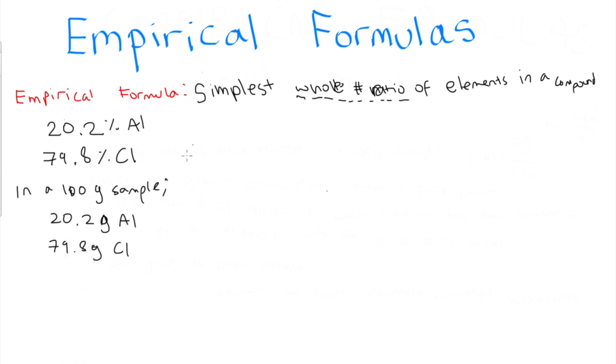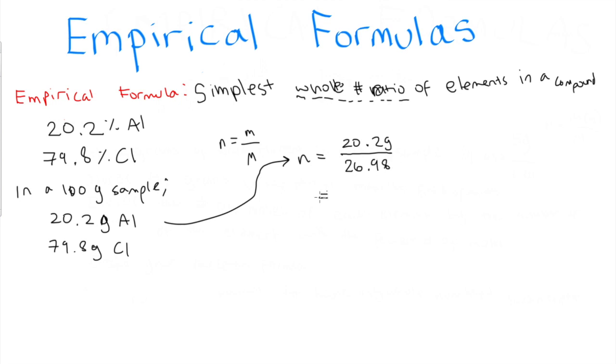Okay, so now the next thing that we need to do is divide the mass of each element by its molar mass to find the number of moles. So we have n equals small m over capital M. In our case, for aluminum, the number of moles equals 20.2 grams over aluminum's molar mass, which is 26.98.